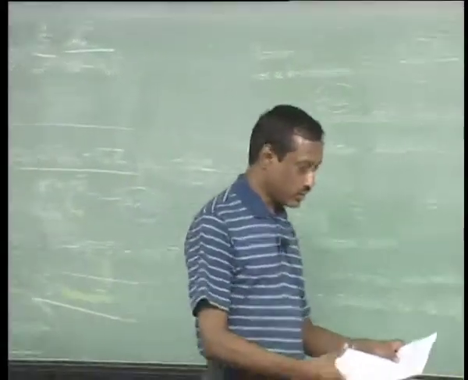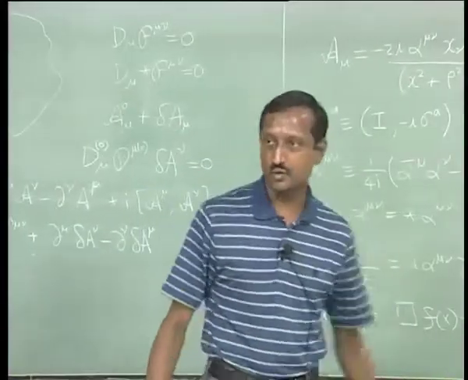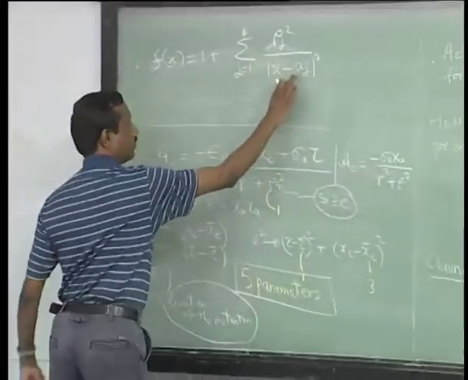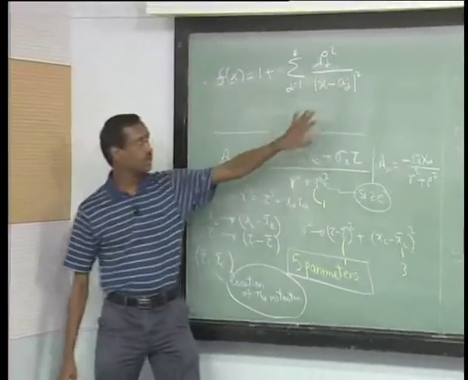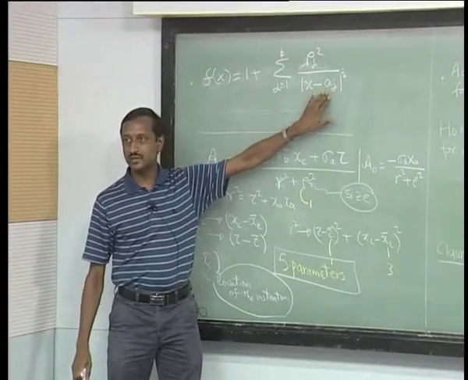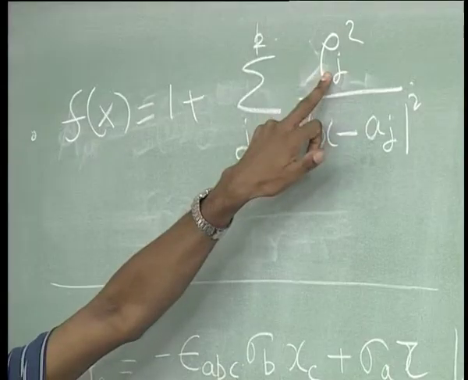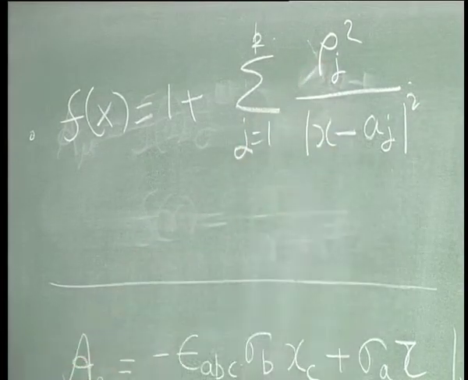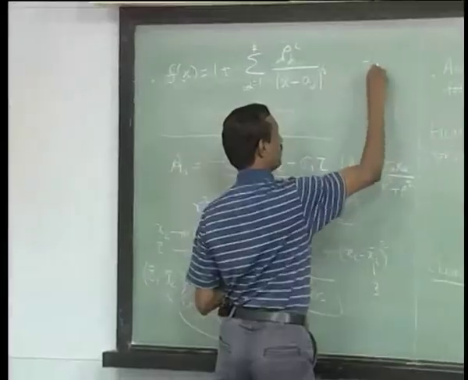So straight away you can see that there are 5 parameters out here, 1 for the size and 4 coming from the location. This is the size, okay. So you get 5k, so this has at least 5k parameters.